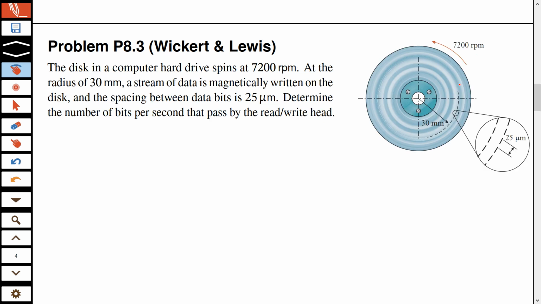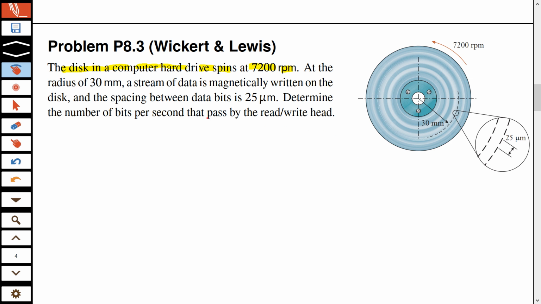The next question looks scary, but if you know the link between rotation and translation, this should also be very easy. So let's start with the statement. The disk in a computer hard drive spins at 7200 RPM. Yeah, so you have this 7200 RPM. The sense is also given, it's anti-clockwise.